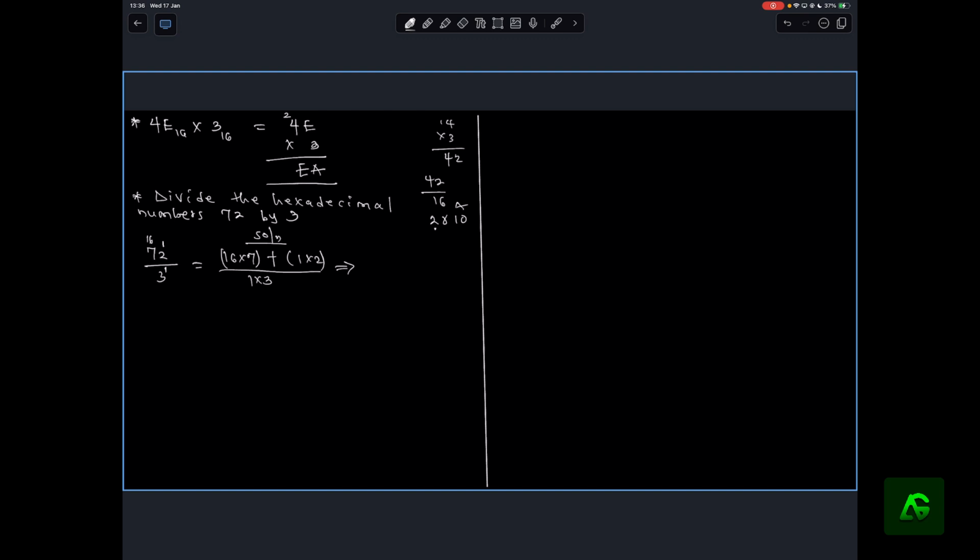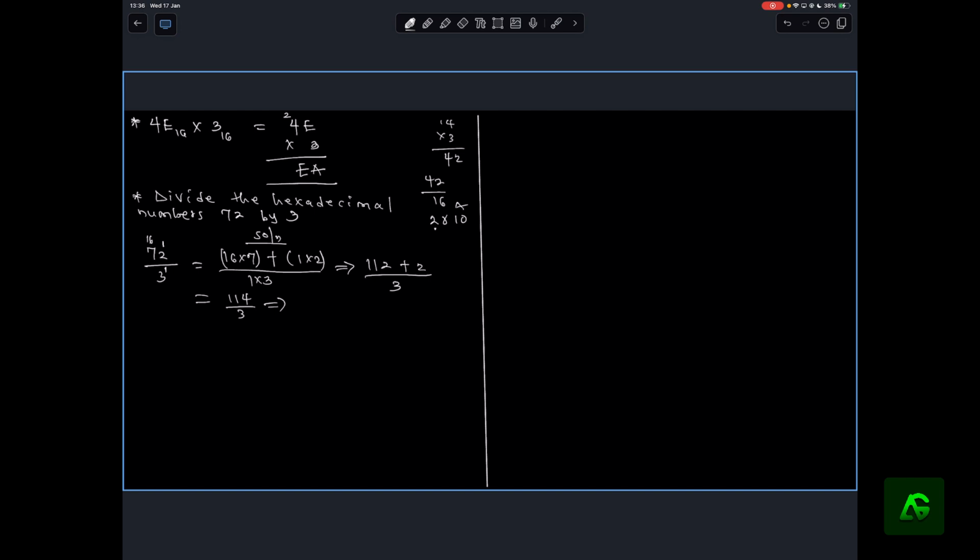So this implies 16 times 7, we have it to be 112. Am I right? Plus 2 divided by 3. So the addition of 112 and 2 is 114, right? Upon 3. So can 3 divide 114?